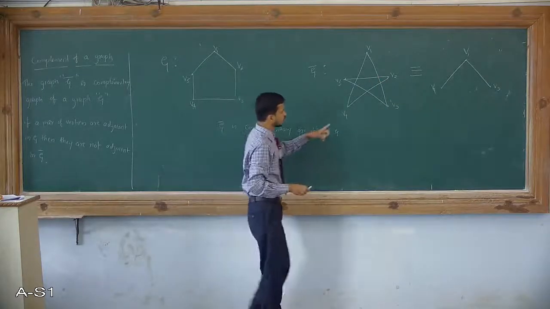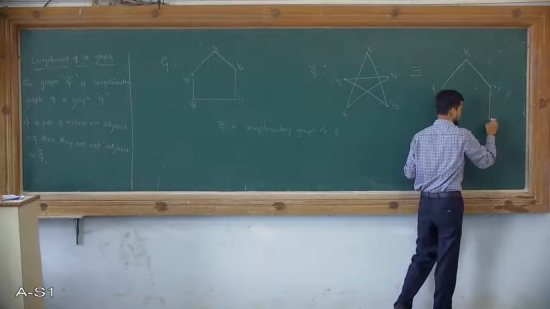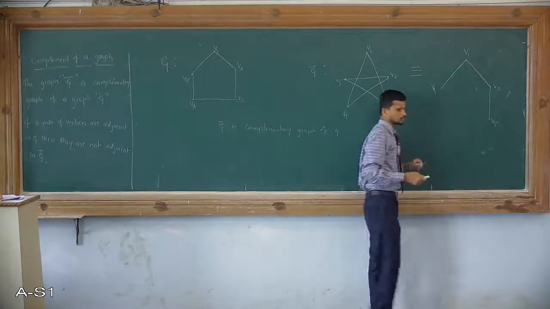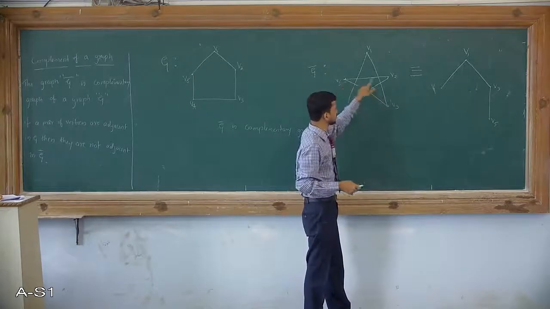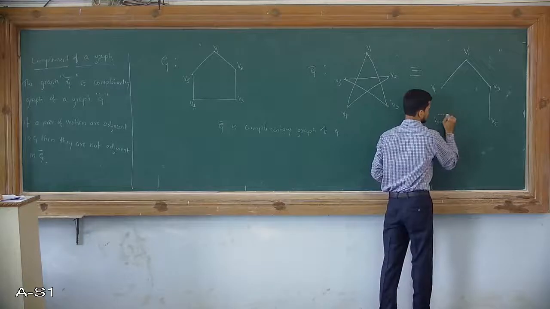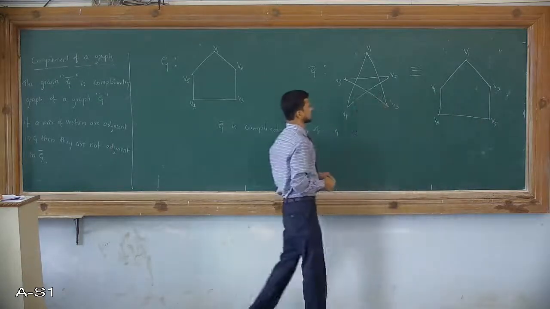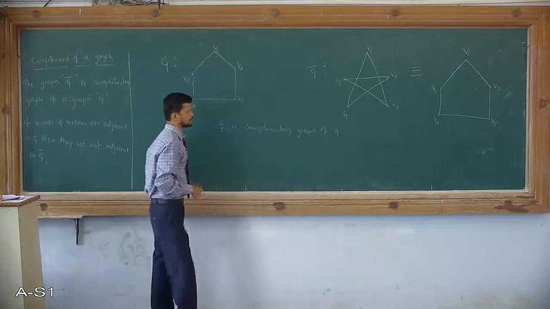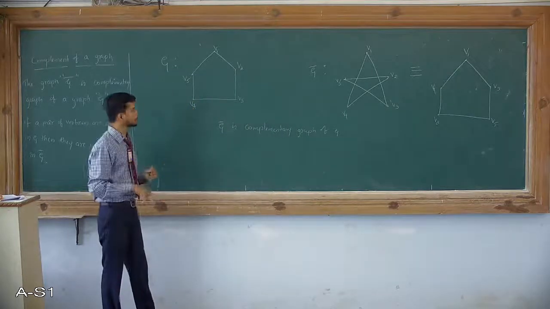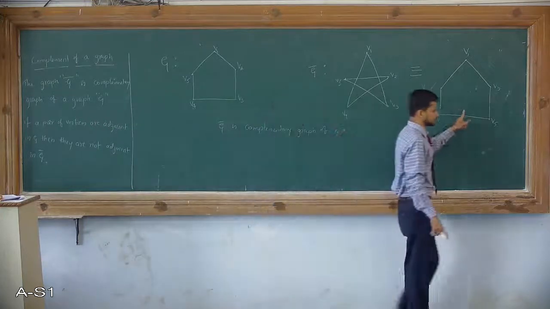Now V3 and V5 are connected here. So I will take V3 and V5, and here V5 and V2 are connected. So therefore V5 and V2 are connected. Now V4 and V2 are connected. Now observe G and G bar.